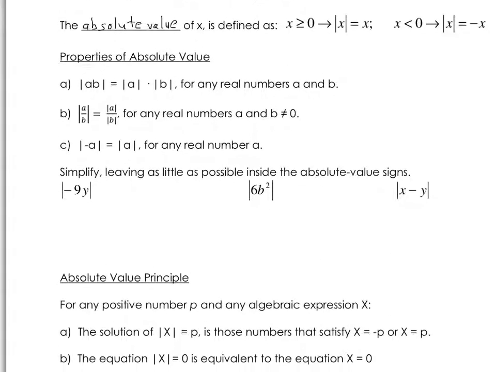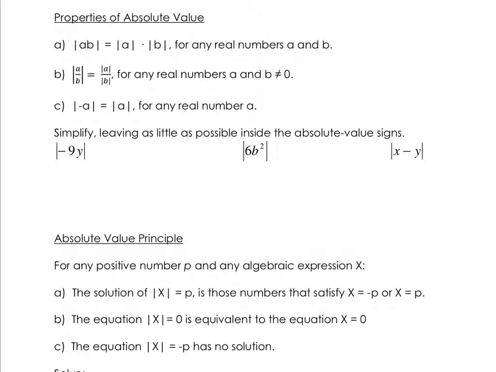Properties of absolute values. A, the absolute value of a product is the product of the absolute values. So if you're taking the absolute value of two things multiplied together, you want to take the absolute value first and then multiply them. That's true for any real numbers a and b.